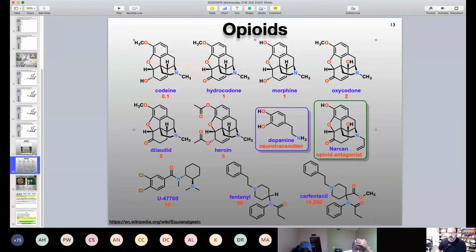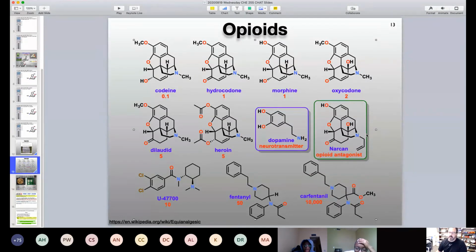Then we can trace down to this nitrogen. So we have this group, then nitrogen. So dopamine exists in your brain. It's a neurotransmitter. So what these opioids do is they interact with the same receptors that dopamine interacts with. And they just so happen to hit that receptor more than dopamine, and that's what causes addiction.